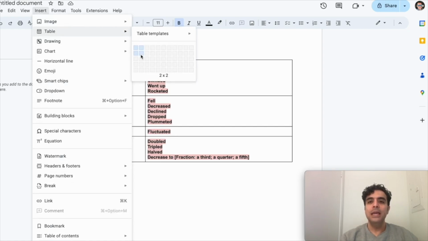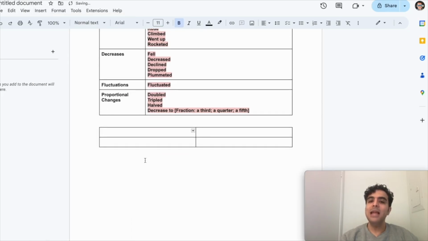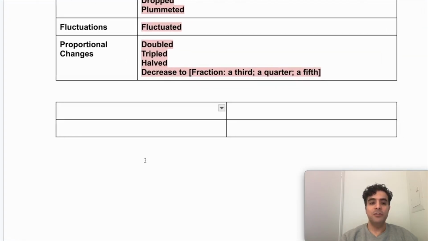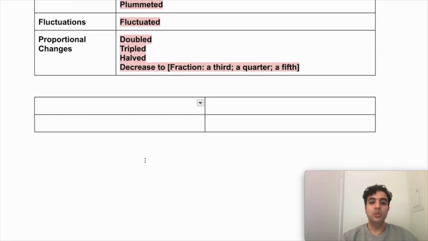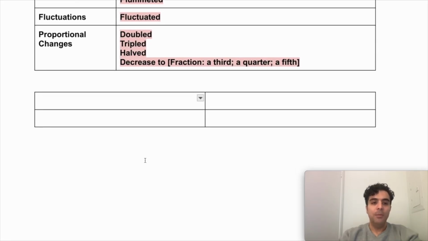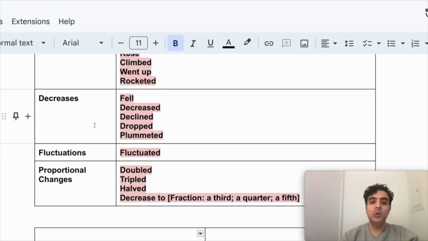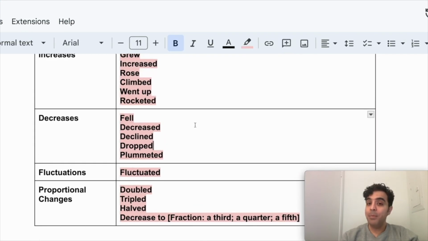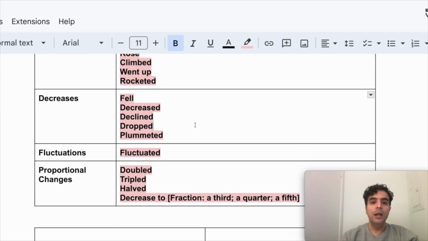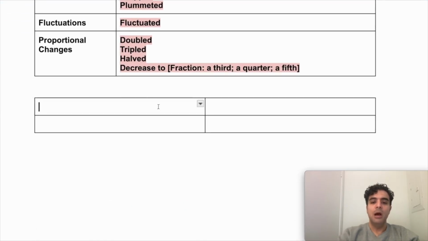And so here we need some kinds of adverbs to describe the extent or the speed of change that we are observing.